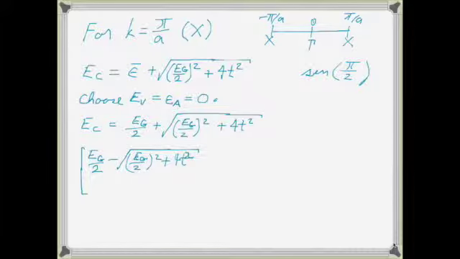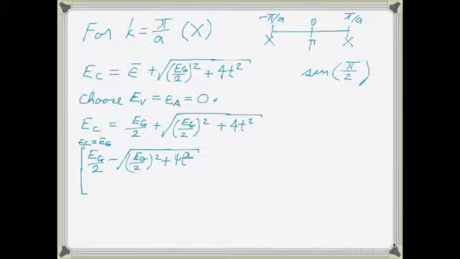So I had an epsilon C in the corner, which is now equal to Eg. Epsilon C is now my band gap because I set my valence band equal to 0.